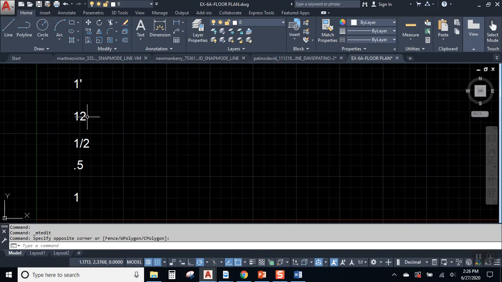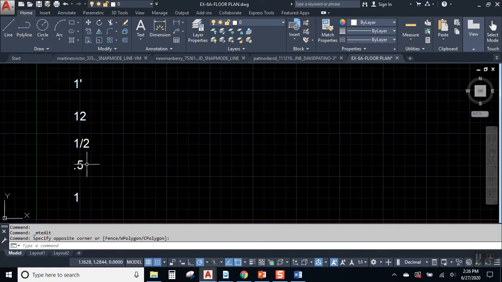If we type in 12, well, that's 12 inches or 1 foot. See, in the United States, the assumption is we're working with standard imperial units, the customary system, and whole numbers represent inches, and fractions represent parts of an inch. But that's really not true, because AutoCAD doesn't know it in inches.